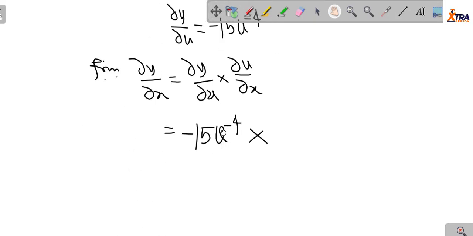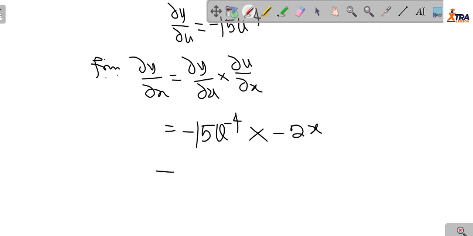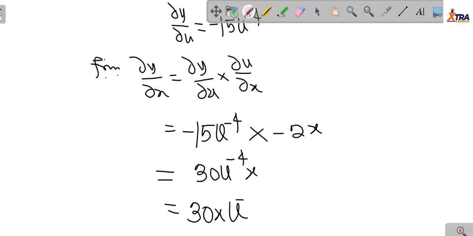Now we want to simplify. Minus times minus gives plus, and 15 times 2 is 30. So we have 30x u raised to the power minus 4.